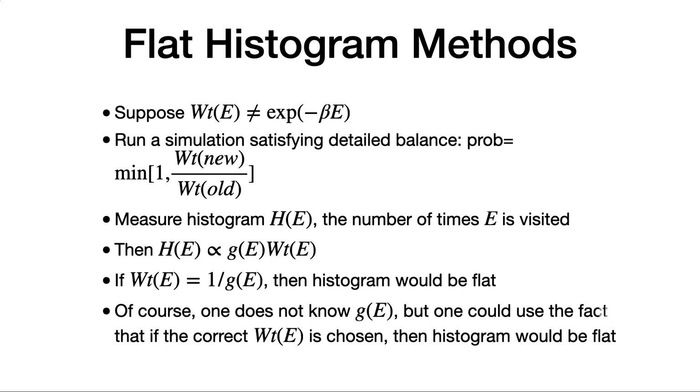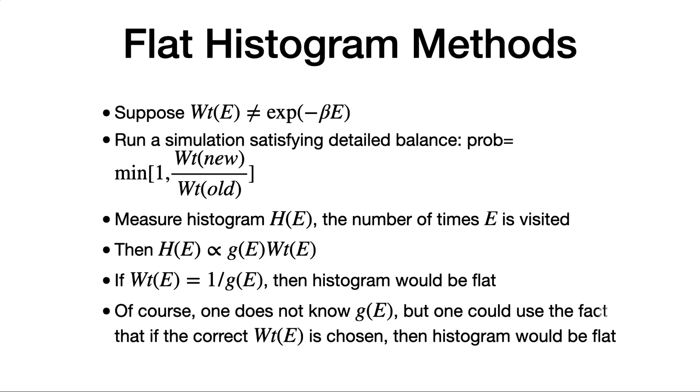If the weight of a configuration of energy E is W of E, and the density of states is G of E, then the histogram will be proportional to the number of configurations of energy E times the weight of each configuration. Therefore, it should be proportional to this quantity.